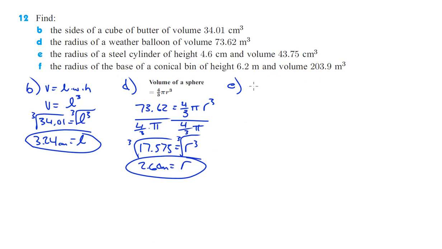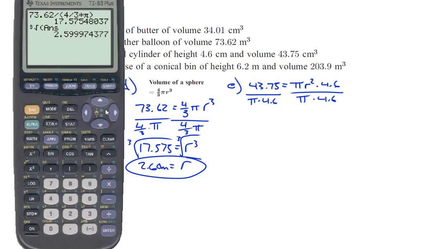So our volume, 43.75, is going to equal pi times the radius, and that's what we're looking for, pi r squared times the height, which is 4.6. Okay, so we want to get the r squared by itself, so we're going to divide by pi and 4.6, right?